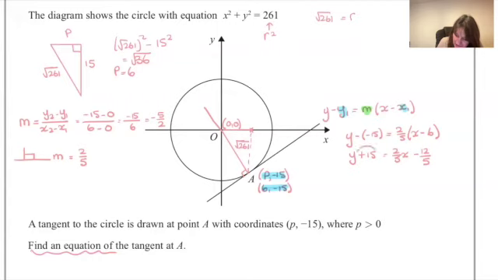And then it's just a case of bringing that across and taking that off. So we've got y equals 2 over 5 x minus 87 over 5. You could give your y equals in decimals or fractions. Either is going to be acceptable. That is the equation to the tangent.